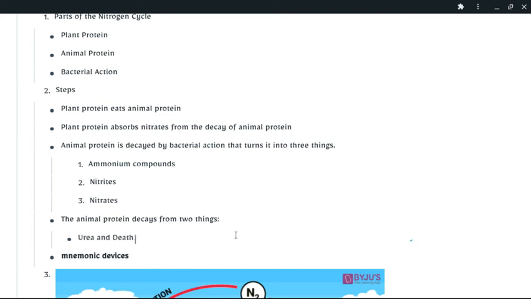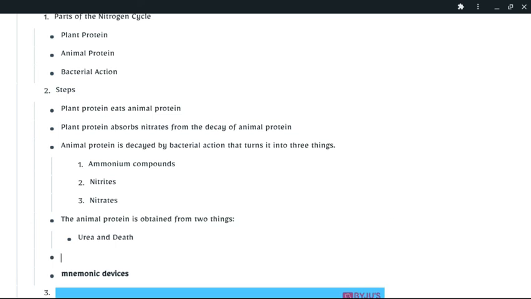That's a weird thing to say, but you can get the animal protein from two things. So you can say the animal protein is obtained from two things. Urea, and where do we say urea comes from? Urine. Right. And where, this is a dumb question, where does death come from? Dying. Good. Right. So the animal protein, urea, right, and death come together to make what nitrates can come from.